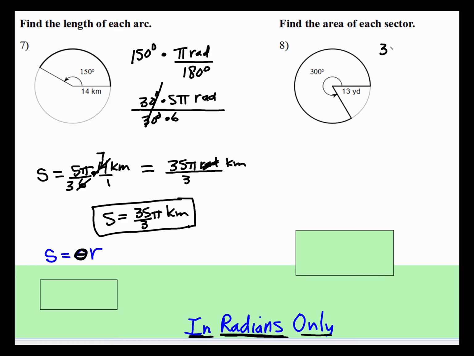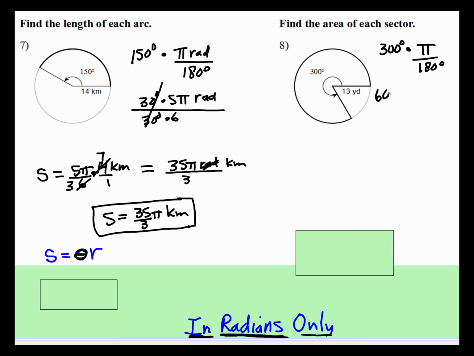You're going to do the same thing over here. You're first going to convert the degrees to radians. I'm going to look at this as 30 and 18. I know 6, so I'm going to divide both by 60.